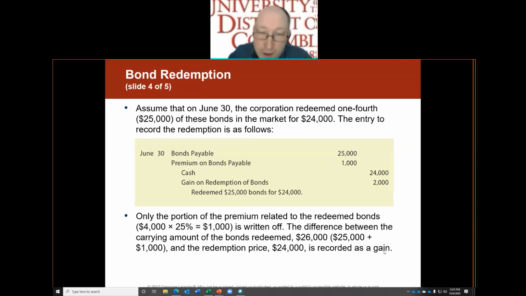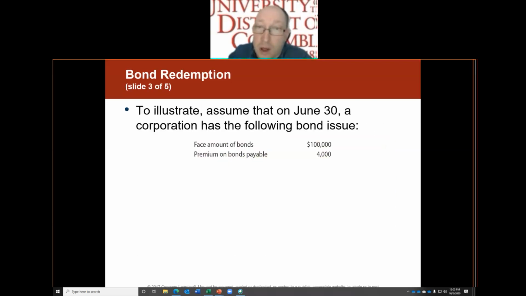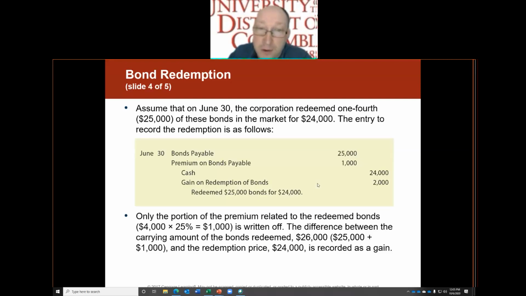The difference. Okay, so we pay out 24,000. The reason why we pay out 24,000 is because of the premium on the bonds payable. So it's basically saying 25,000 minus the premium. We pay out 24,000, and we allocate 2,000 to the gain on the redemption of bonds.